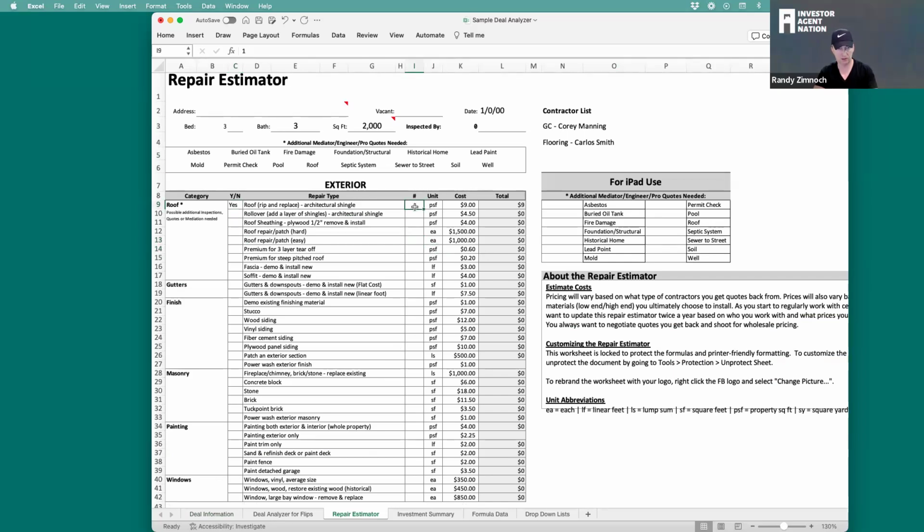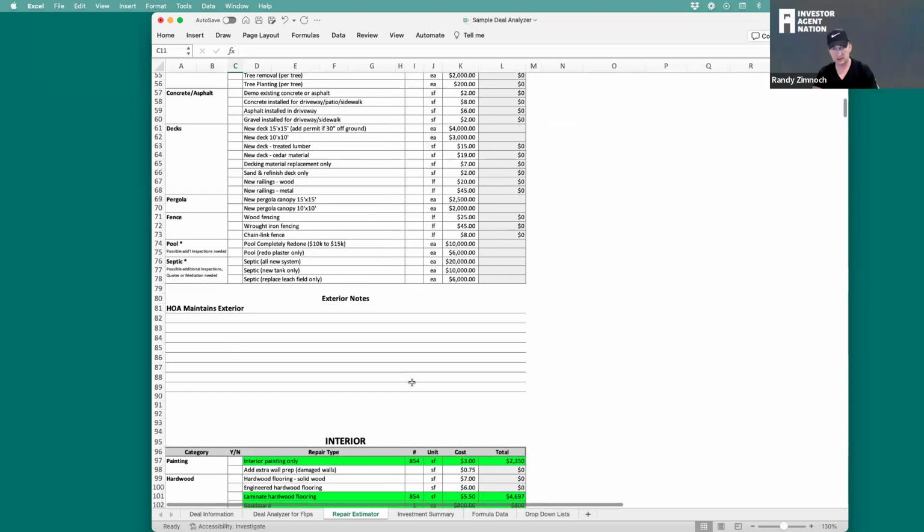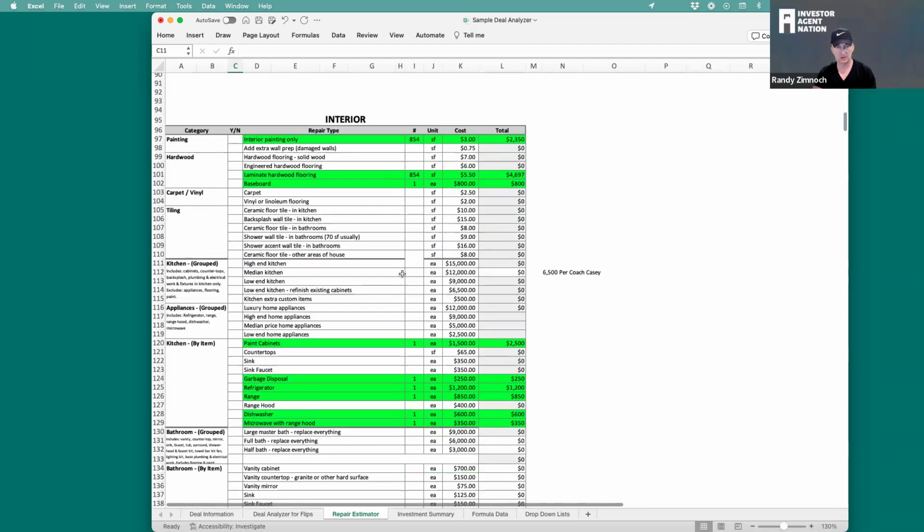Oh, maybe it's not auto calculating. All right. Well, I'll get you the version that it will. It should auto calculate based on the numbers that I have here. So that's interesting why it's not doing it. Someone must have messed around with this one, but nevertheless, I'll get you the one that works. But then this will calculate it.